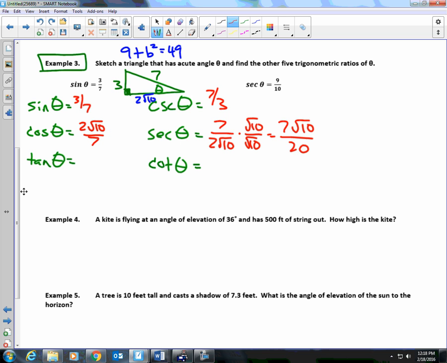How about tangent? Three over 2 roots of 10. Can't have the root of 10 in the denominator, so multiply top and bottom by the root of 10. 3 roots of 10 over 20.